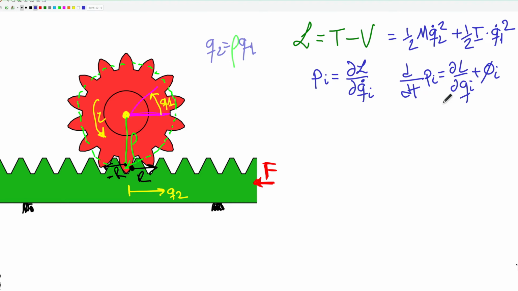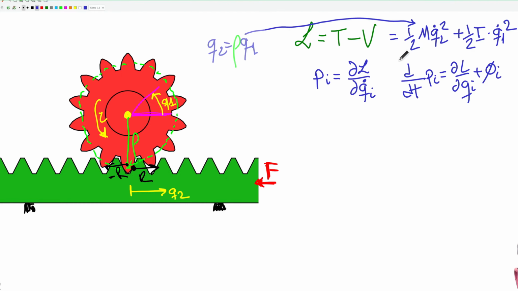More on that later. These equations are only valid for unconstrained motion. So we will first substitute the constraint in here to have just 1 degree of freedom, one letter in the Lagrangian, and apply the unconstrained equations, and later on we will modify this Euler-Lagrange stuff to incorporate constraints.